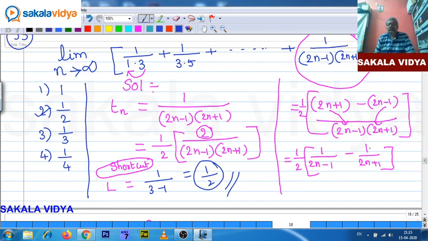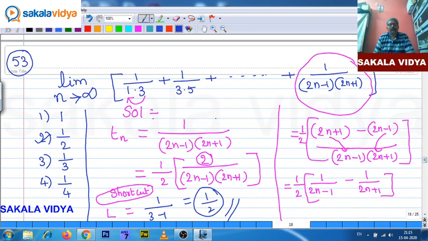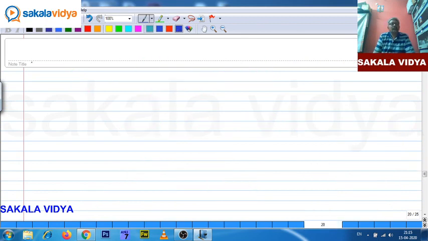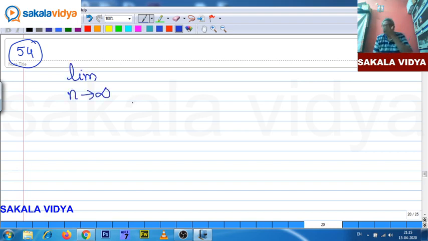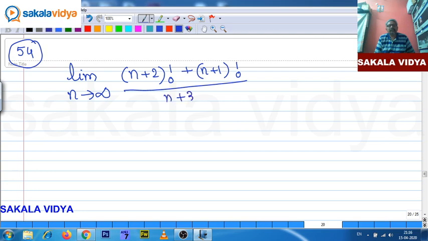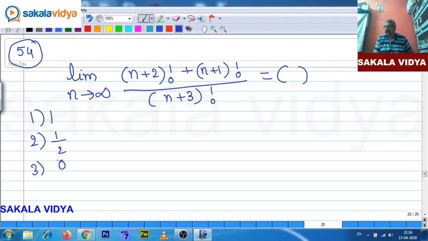Okay, 1 minute. So, before going to the next problem, let me check. Question 54: limit n tends to infinity, (n plus 2) factorial plus (n plus 1) factorial upon (n plus 3) factorial equals to: first option 1, second option 1 by 2, third option 0, fourth option 2.